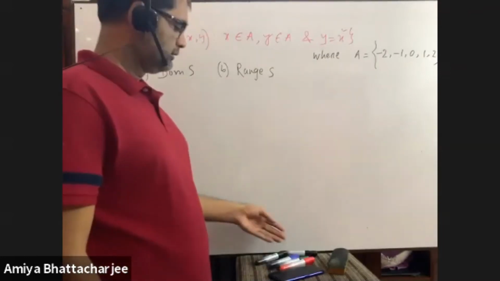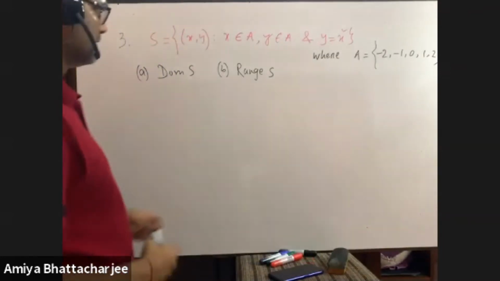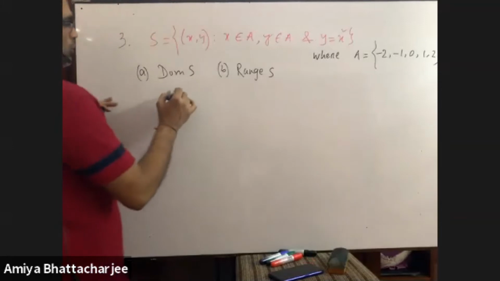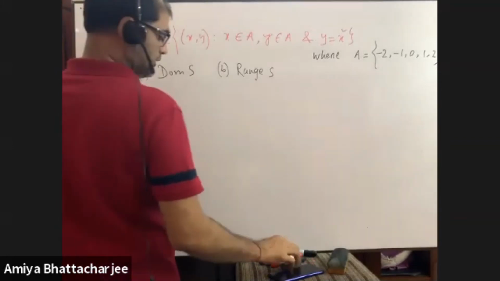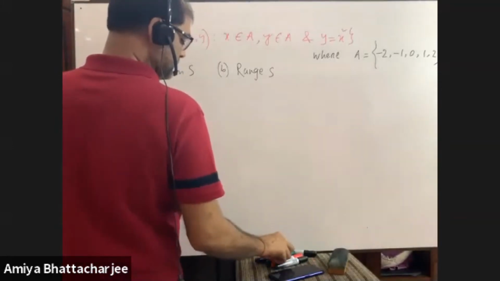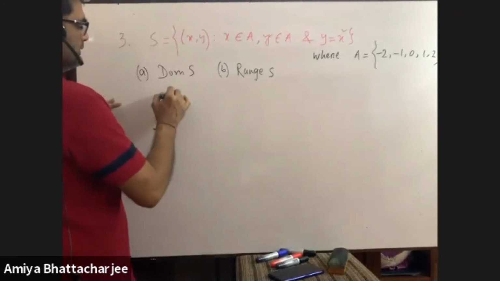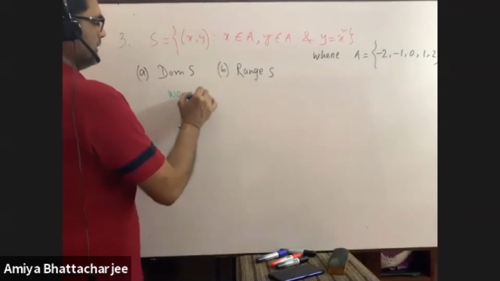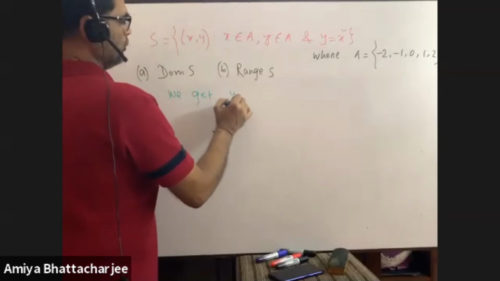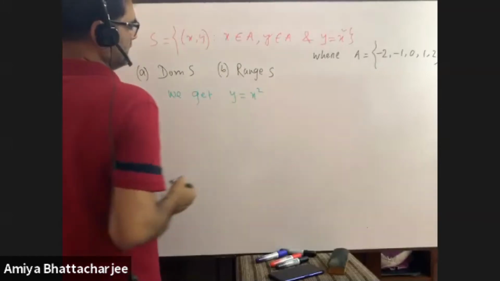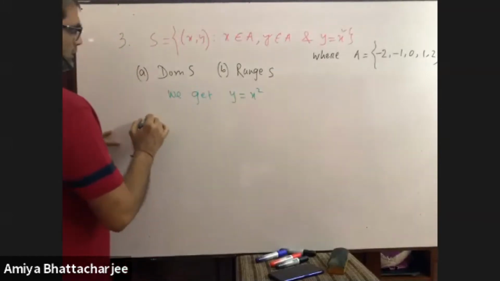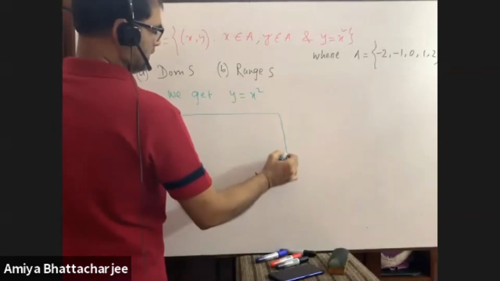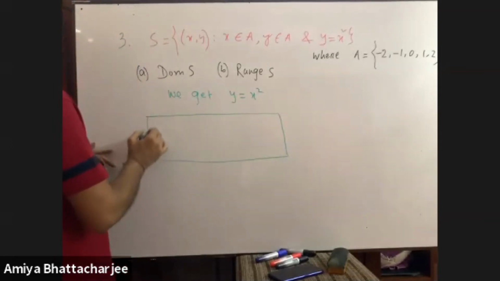What is to be done? Please try to understand. In this question, we get y equals x square, right? Now by the roster method, it is called the roster method.